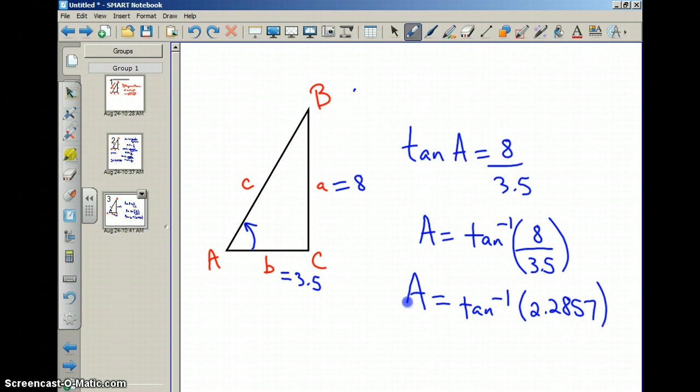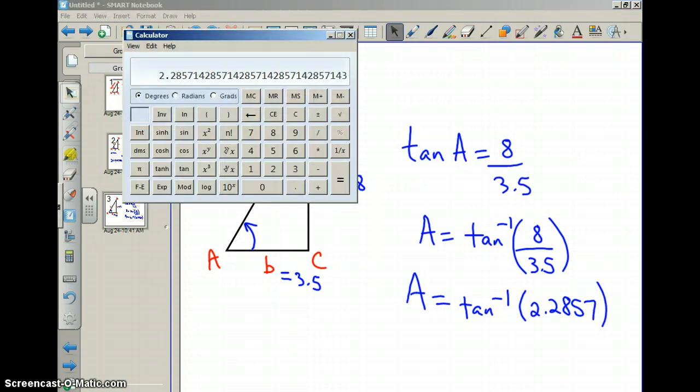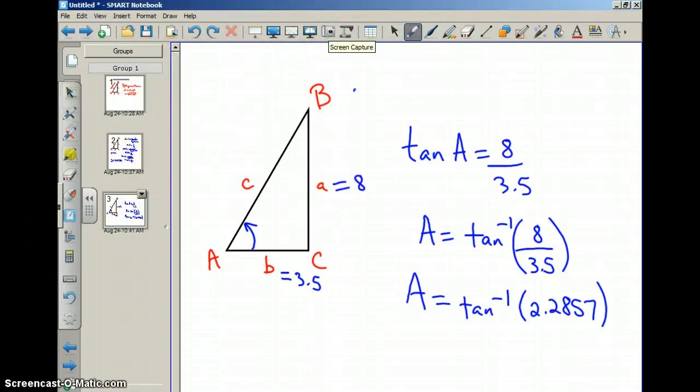So if we take the inverse tangent of that number, it will tell us the measure of the angle. Inverse tangent. It is a 66.4 degree angle. Remember, your calculator must always be in degree mode when using these trig functions.